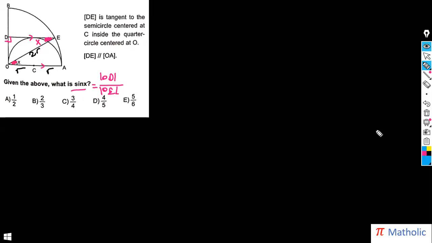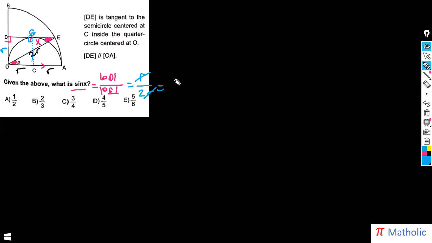And additionally, let's draw a radius from C to DE, which is 90 degrees, which means OD is parallel to CG, let's say this is G. So if this is R, this is also R. So as we know, OD is R and OE is 2R.